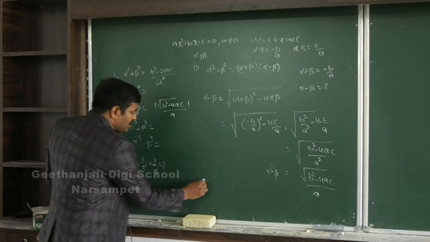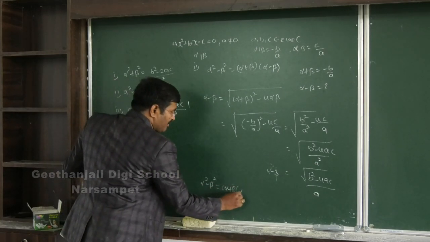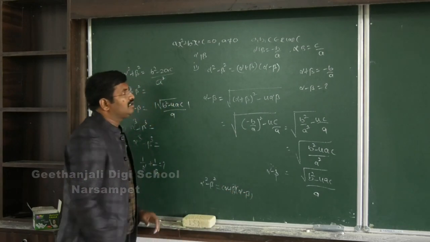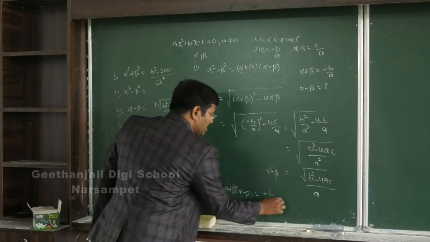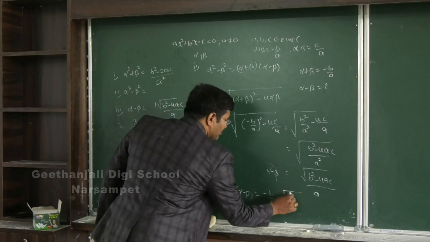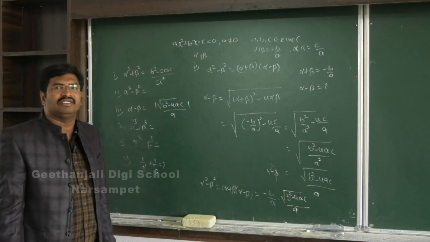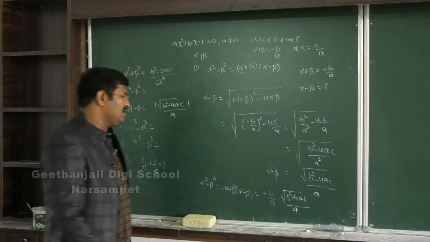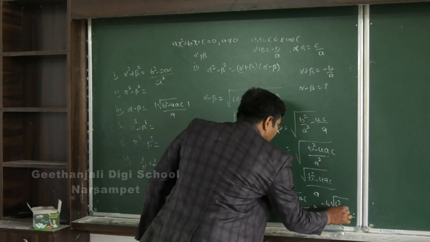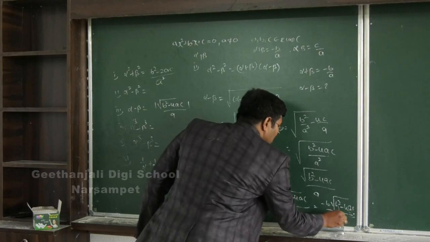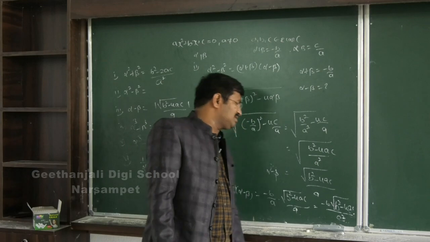Then the alpha square minus beta square value is alpha plus beta into alpha minus beta, that is equal to minus b by a into root of b square minus 4ac by a, that is equal to minus b into root of b square minus 4ac by a square.